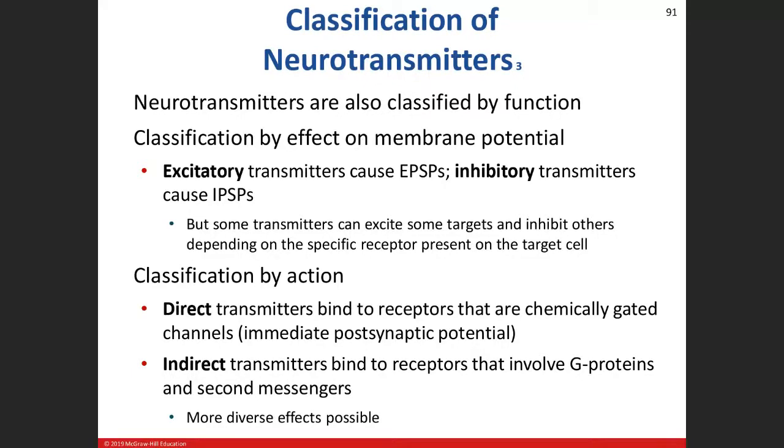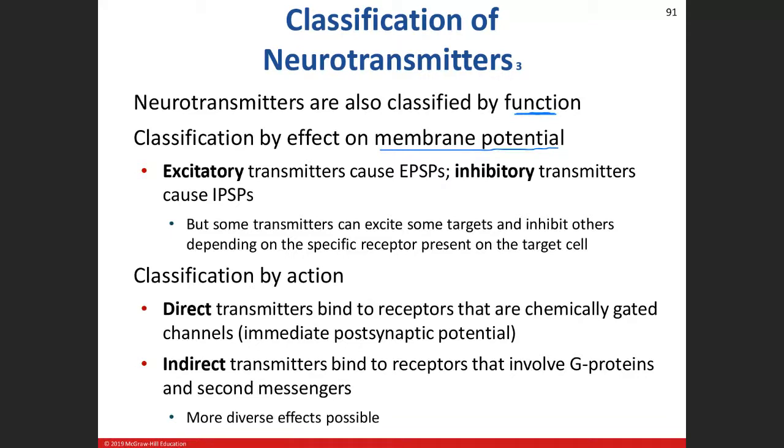So how we classify these neurotransmitters is by how they function. You have two types when we talk about how they affect the membrane potential. And I told you it's a binary thing when we're dealing with neurons. Yes, no, on, off, excitatory or inhibitory.